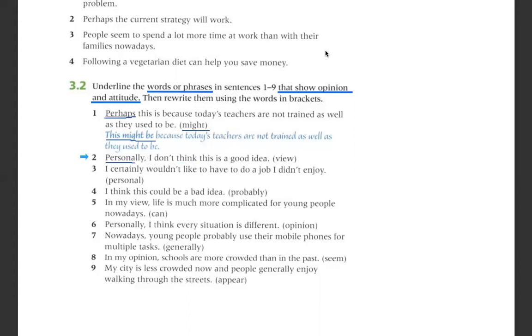This is also opinion. So let's change this, and I want you to change the sentence using the word view. So take this out and rewrite the sentence using the word view. I want you to write the whole sentence.